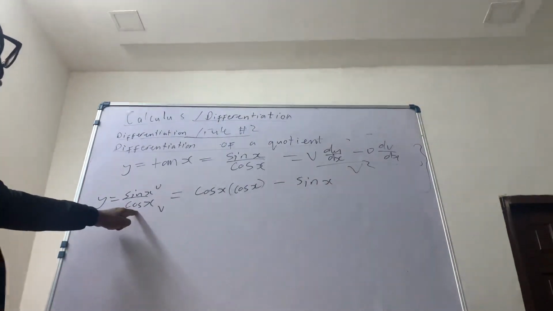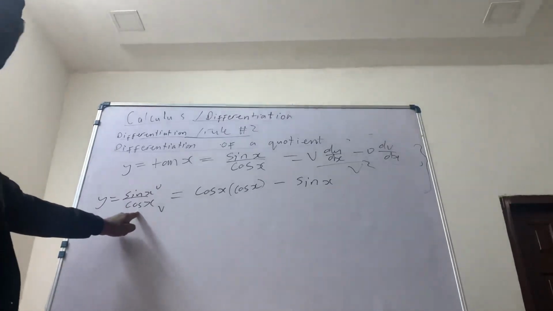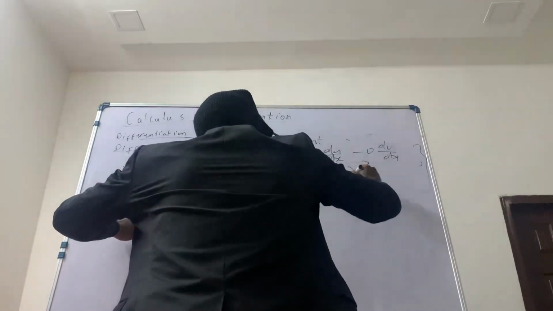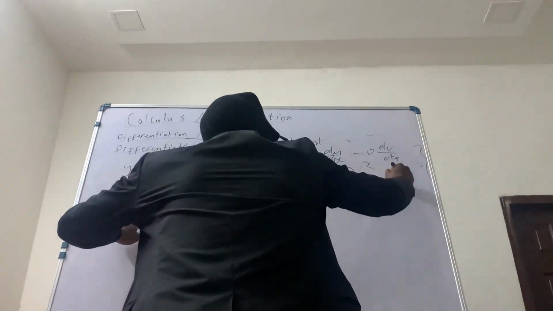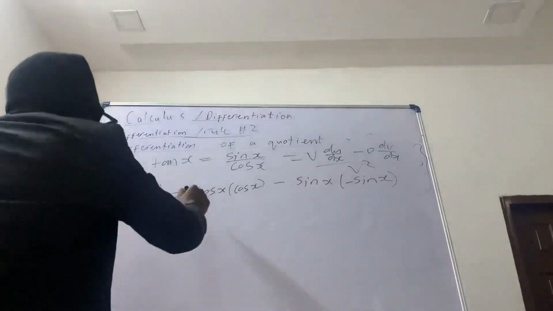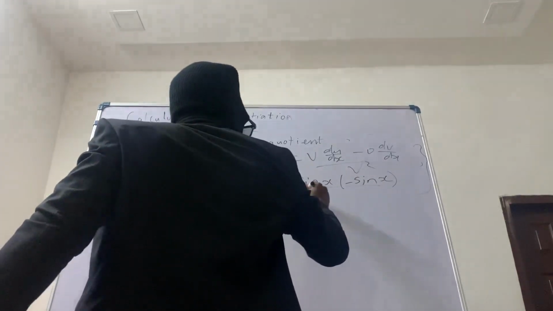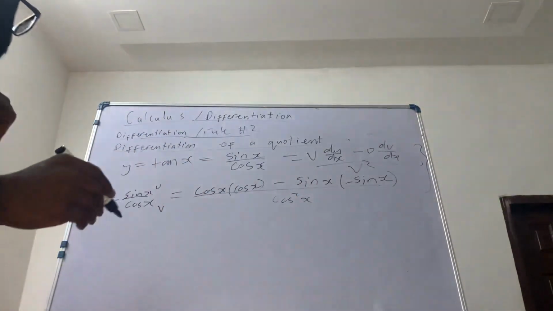We are going to differentiate cos x. What do we get when we differentiate cos x? We get minus sin x, all over cos squared x, something like this.